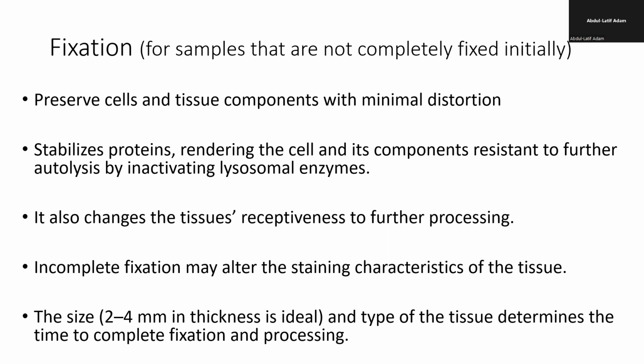Fixation also helps to stabilize protein, okay? So usually if you don't fix, you know, the body is made up of proteins. So you have enzymes, you have hormones, you have so many other antibodies and other things. When you take the tissue out of the body, blood flow ceases.